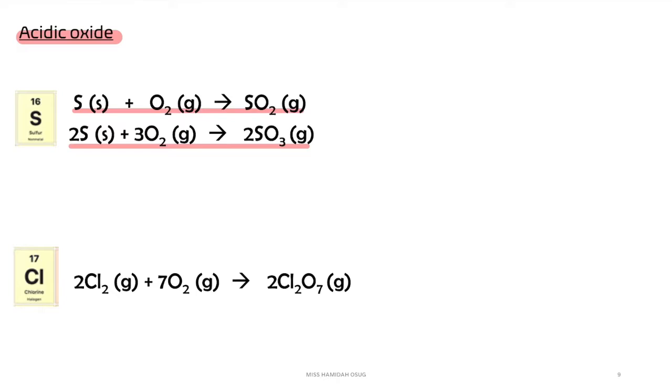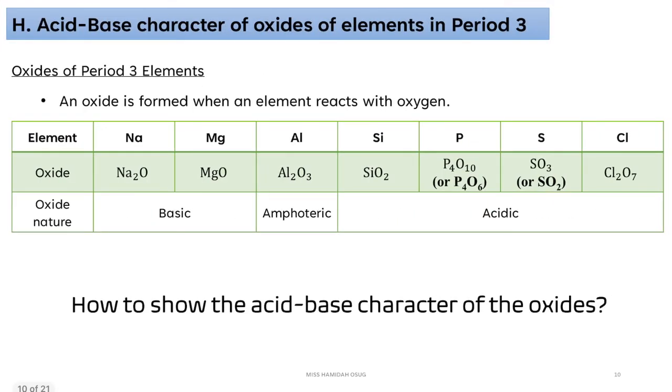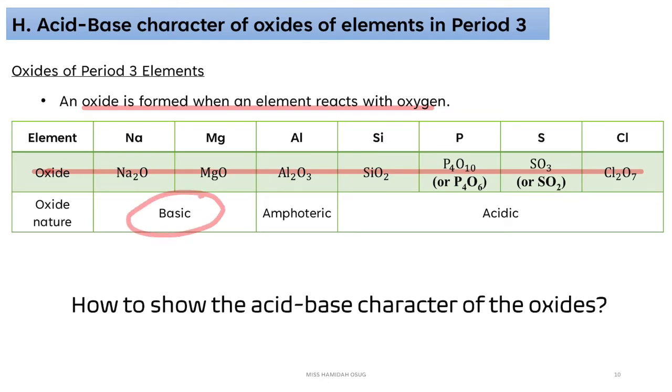And finally, chlorine, when it reacts with oxygen, will form chlorine heptoxide. This table shows the oxide that will form when the element reacts with oxygen, and also shows the nature of each oxide that forms from the reaction.